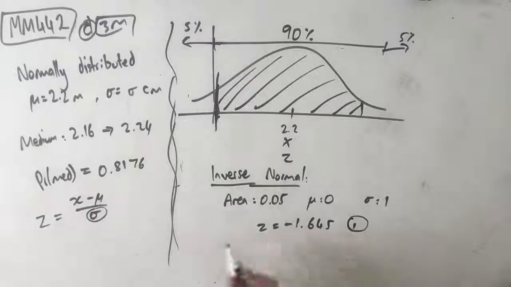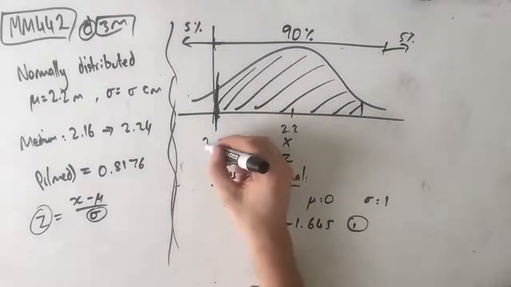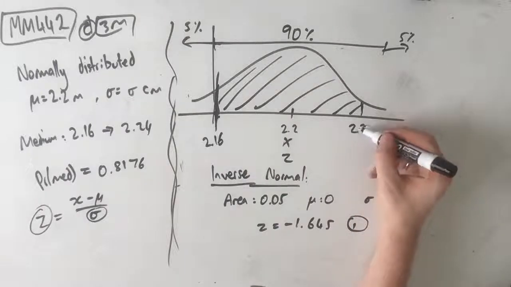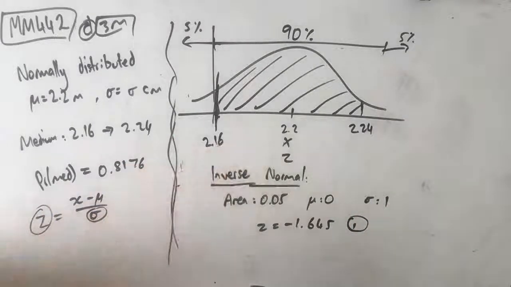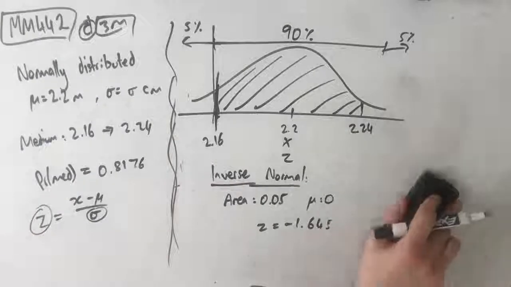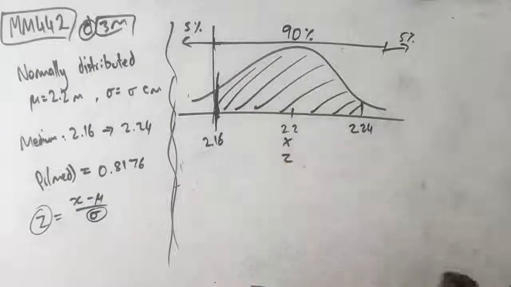Now, this z here is this, right? Now, we know that medium poles are between 2.16 and 2.24. I don't know why I said that could be 1.9 or 2 before. I was just having a bit of a mental breakdown, I think. But these definitely have to be between 2.16 and 2.24.